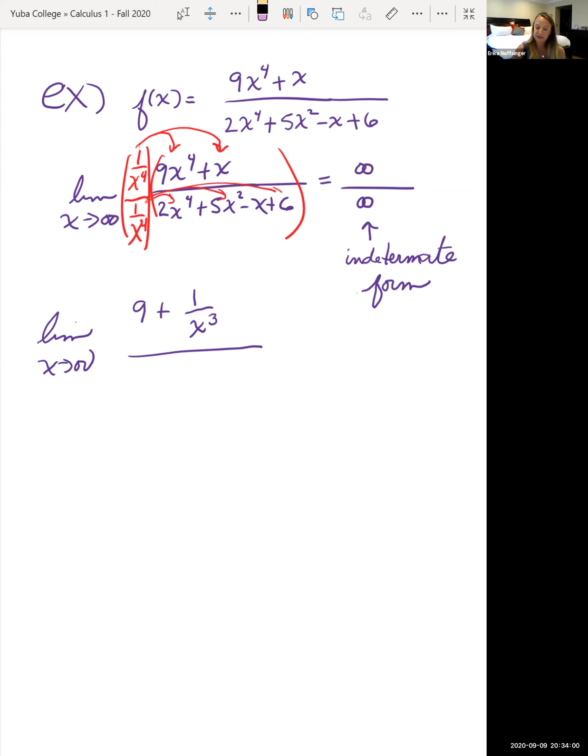And so for the first term, we would have 2x to the 4th all over x to the 4th, so x to the 4th would cancel, leaving you with just 2. Plus 5x squared over an x to the 4th. It doesn't all cancel, but the x squared cancels, so we have 5 over x squared there, minus x over x to the 4th is 1 over x cubed, plus 6 over x to the 4th, nothing cancels.